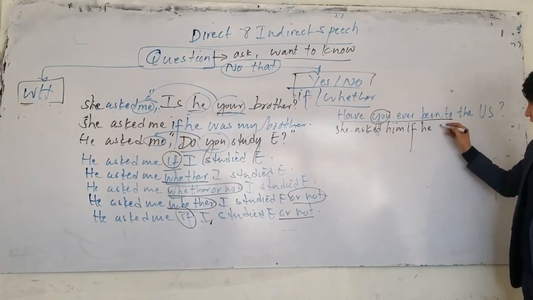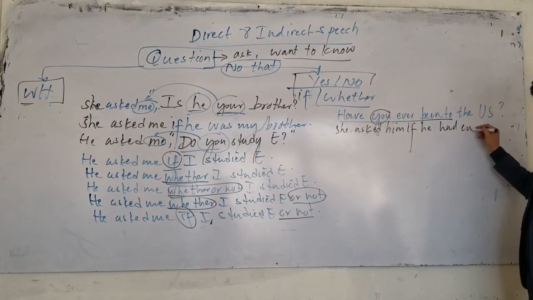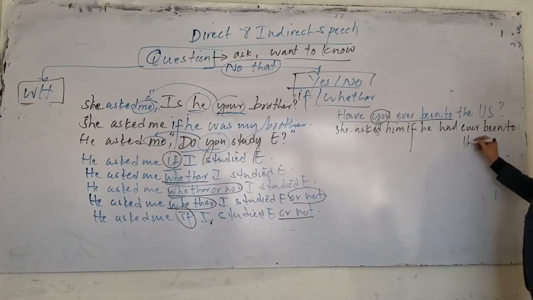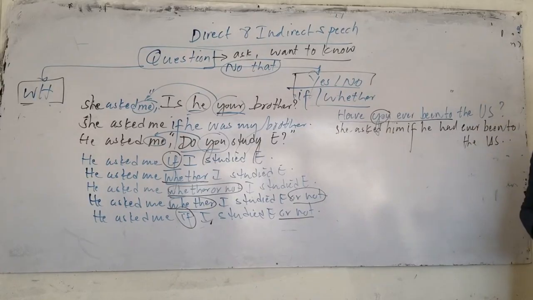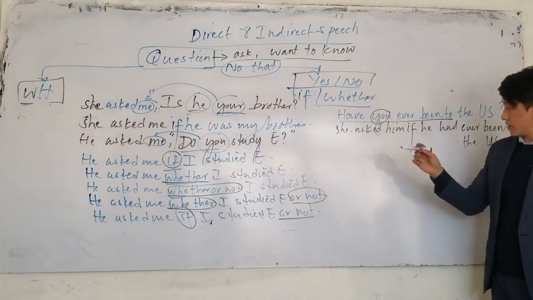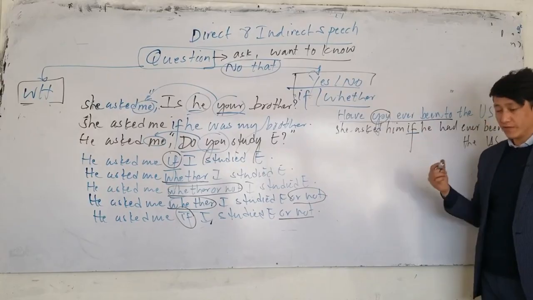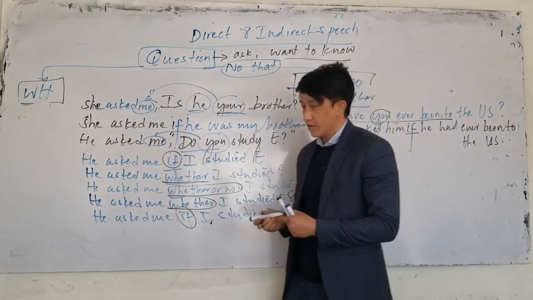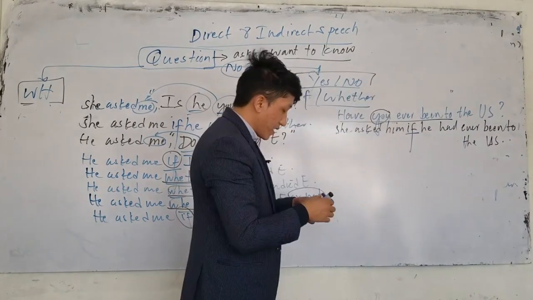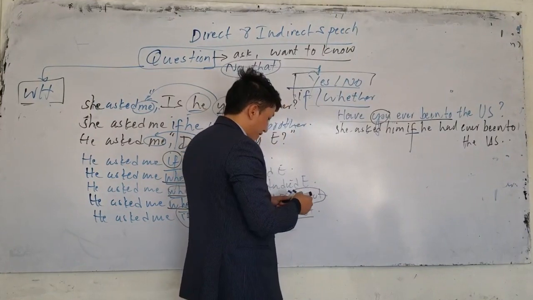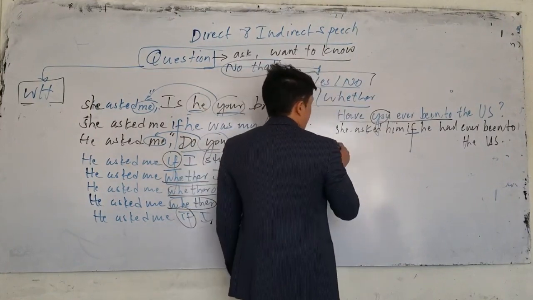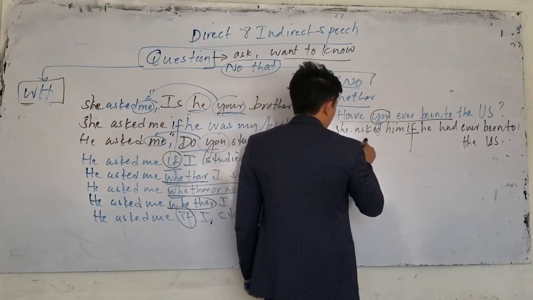If he had ever been to the US. You can also use it like that. We can use whether or not at the end, or if or not at the end. But do not use if or not together in the same sentence. Or if I have another sentence, for example, if I say, "Did he call you?"